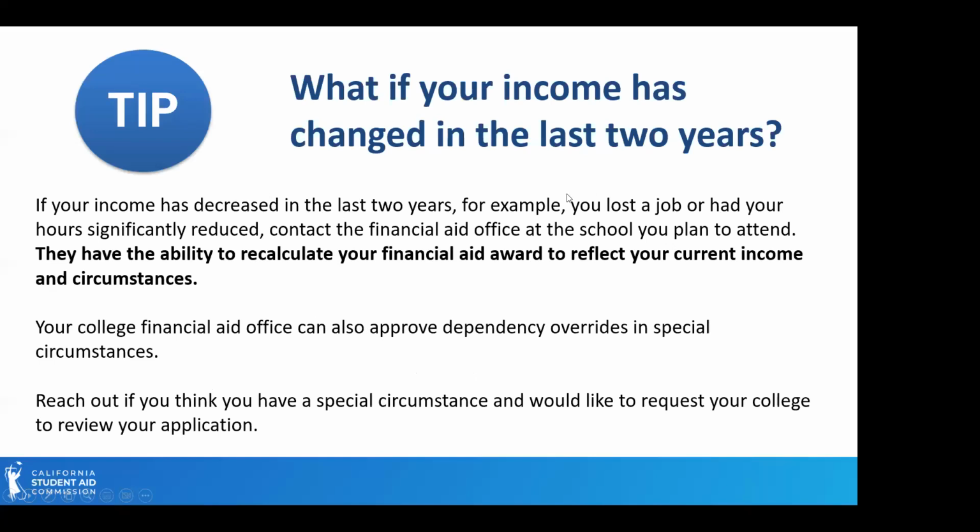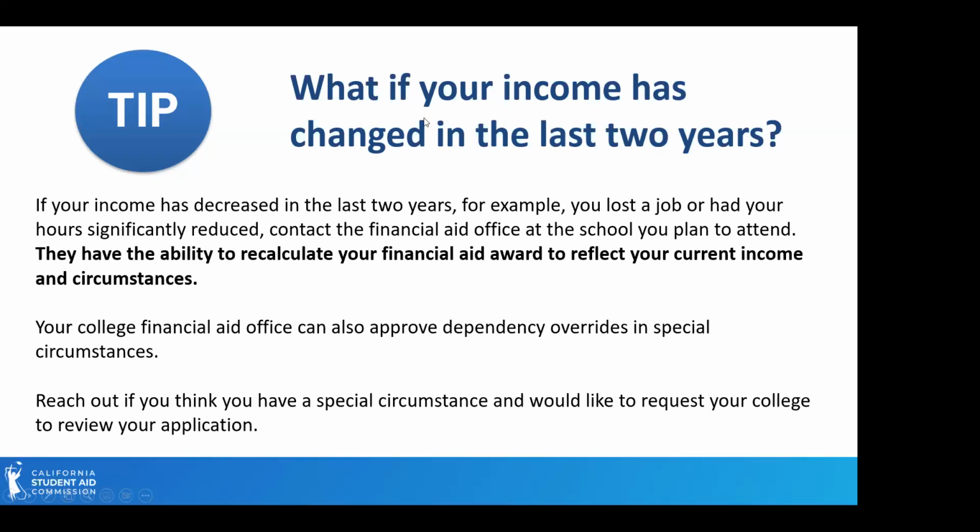Now, this is important. I sort of alluded to this earlier, but what if the income has changed in the last 2 years, right? Remember, we're using tax information from 2 years prior. And so if 2 years ago you were making a lot of money in a great job, and then you or your parents lost their job due to COVID or some other situation that really caused a decline in the income, we want that information to be reflected as your current situation.